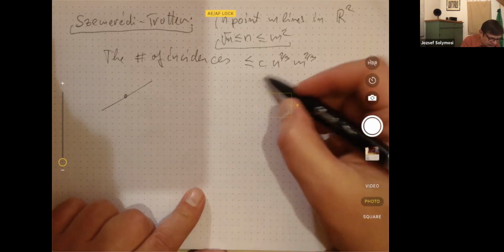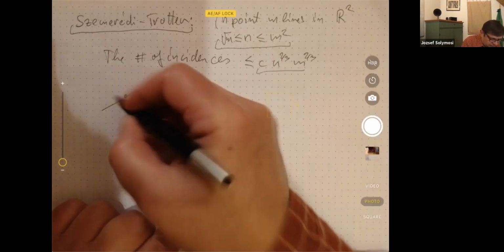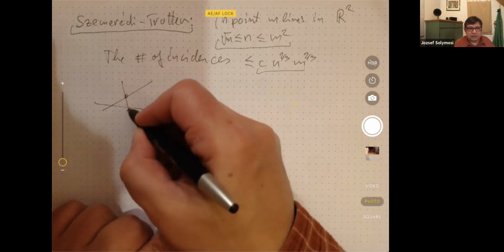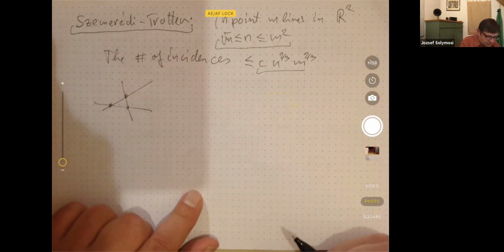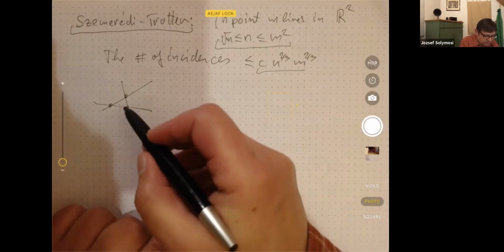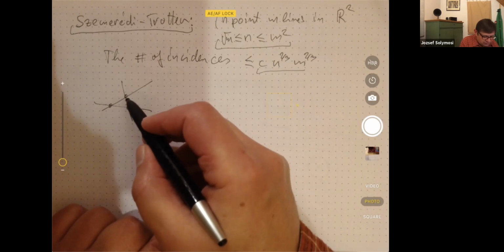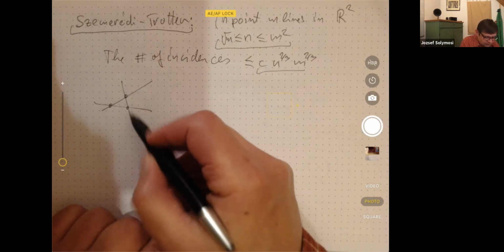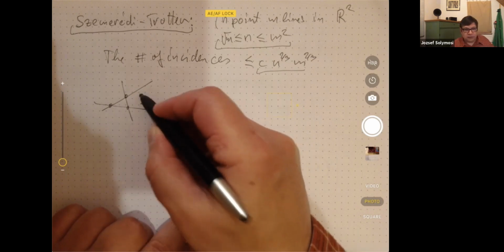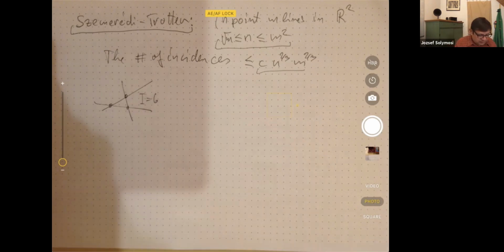But before that, let's just see the incidences to be sure. What is the number of incidences here? So the number of incidences is 6, because for every line you count every point. So here you have 2 lines going through 1 point. So the number of incidences here is 6, just to be sure that we understand the same thing.